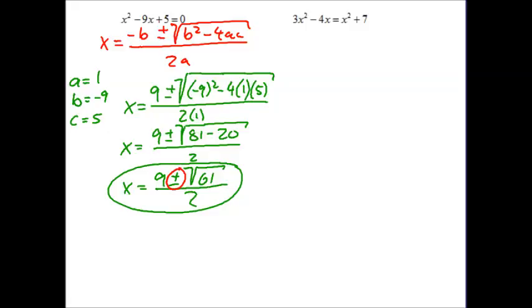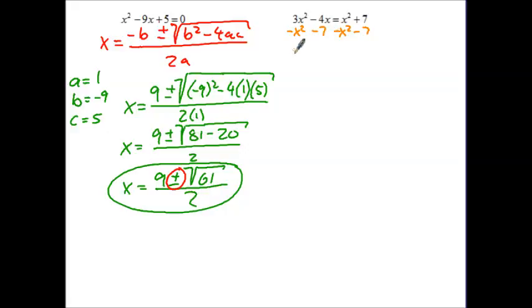In our next example, the equation is not yet in ax squared plus bx plus c is equal to 0 form. In other words, we don't have 0 on the right side of the equation. That means we need to subtract the x squared, and we need to subtract the 7 from both sides each time.